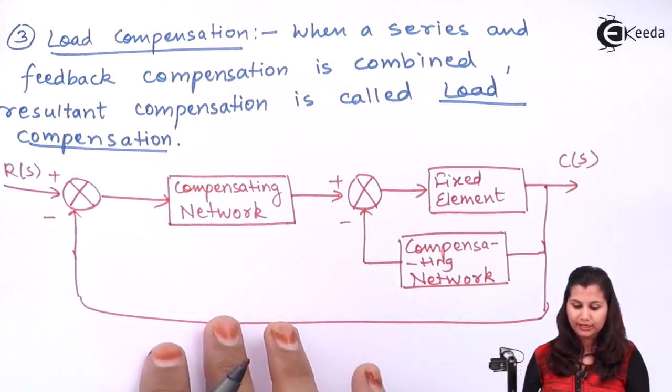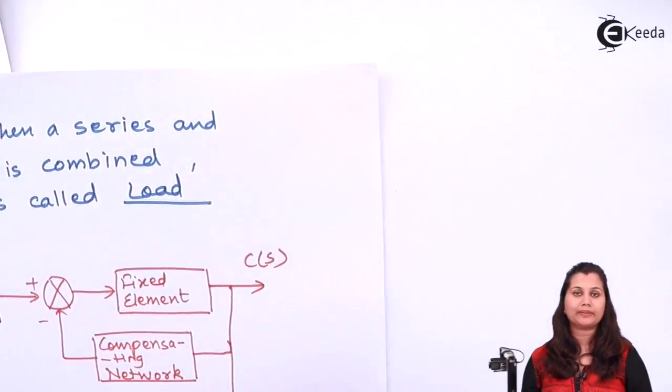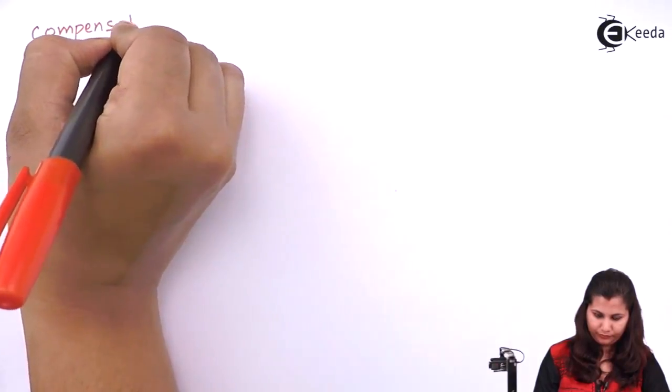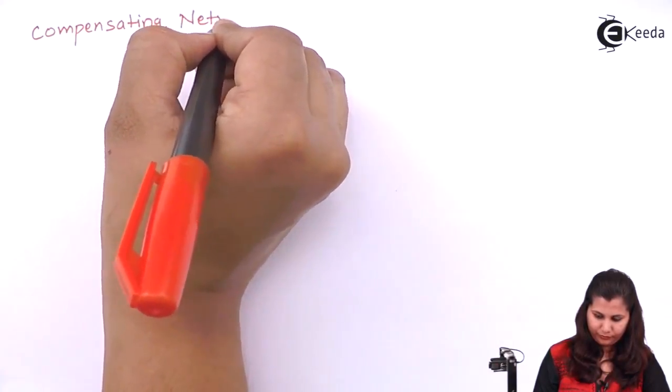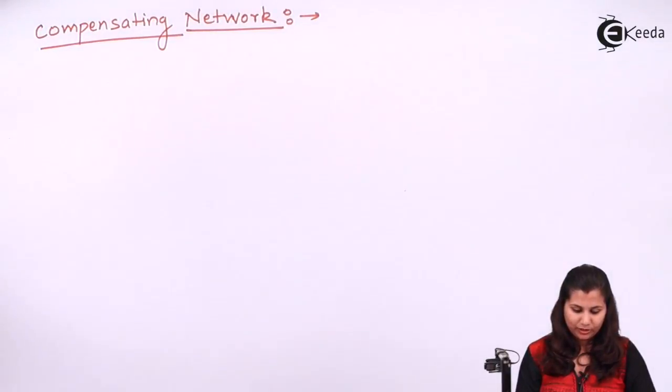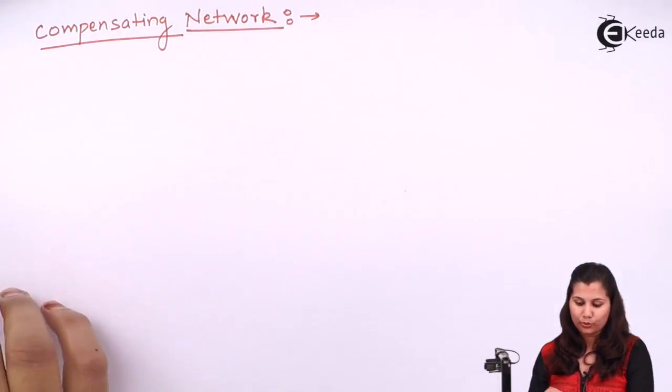Now let us study the various types of compensating networks which are available to us and which we frequently use in a control system.